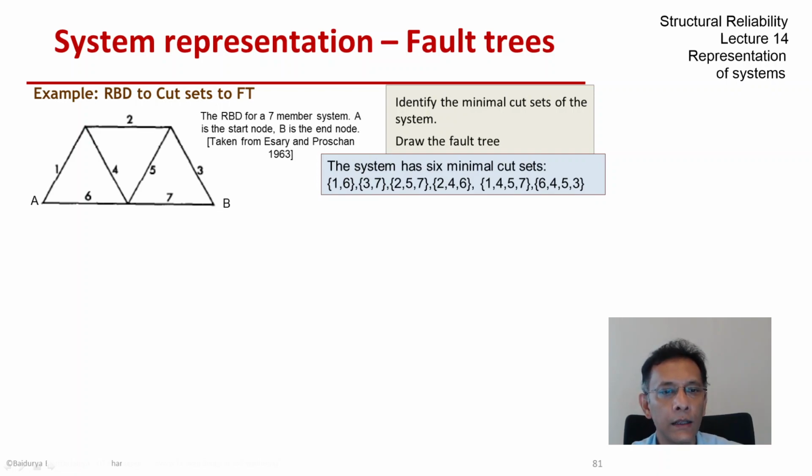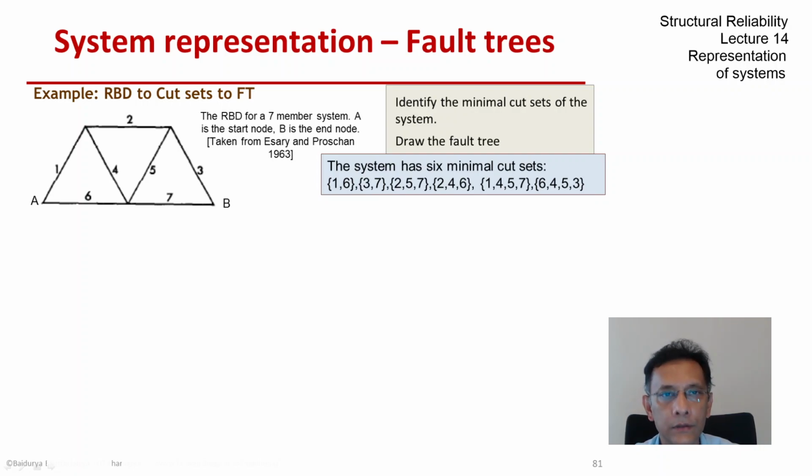So now that we have identified these 6 minimal cut sets, let's remember that a minimal cut set is a purely parallel arrangement of its elements, and these minimal cut sets themselves are arranged in series.